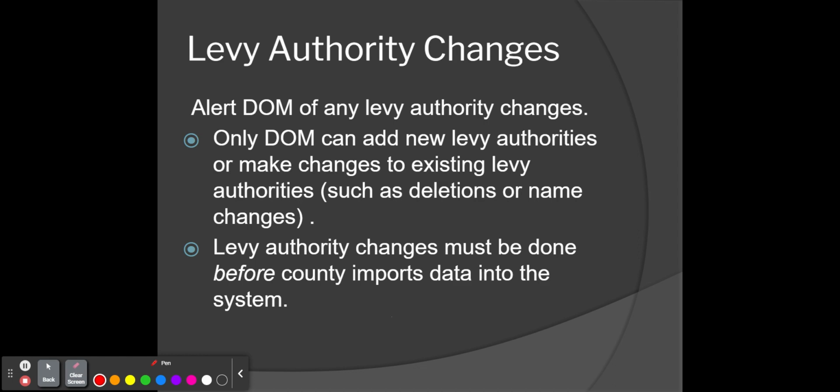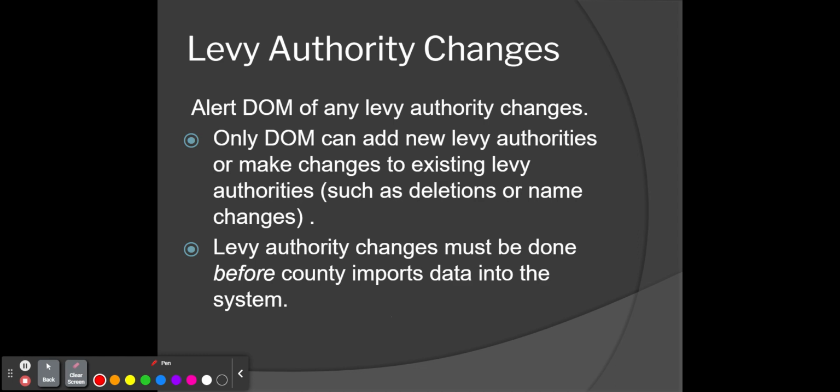If there was a discontinuance and a city has been discontinued, we need to remove it as a taxing entity. Or name changes, and name changes come about primarily with your school mergers and reorganizations, right? So any levy authority changes have to be done by the Department of Management, and they've got to be done before you try to import data into the system.